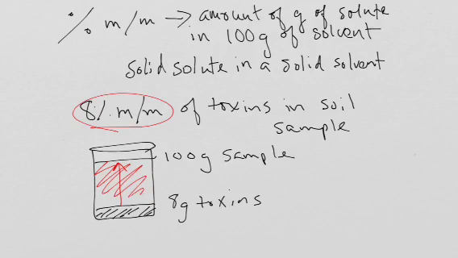And they use this when they're talking about a solid and a solid. Anytime you see that good old percentage, you know that the total amount of the sample they're looking at is 100. If you see a V there, it's 100 milliliters. If you see an M there, it's 100 grams because it's a percentage.